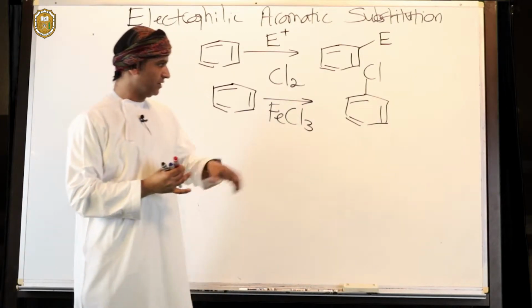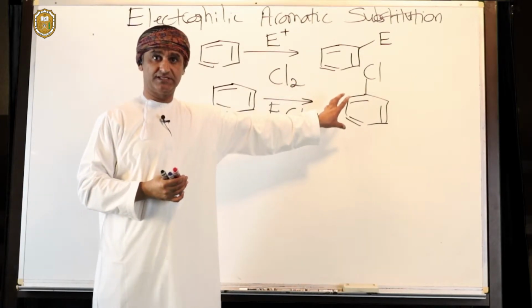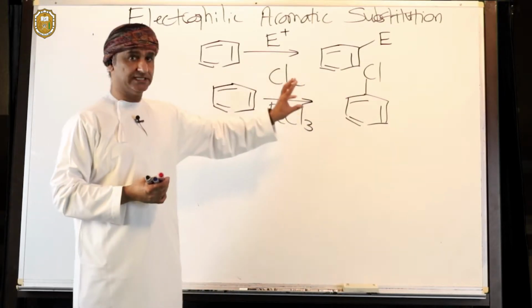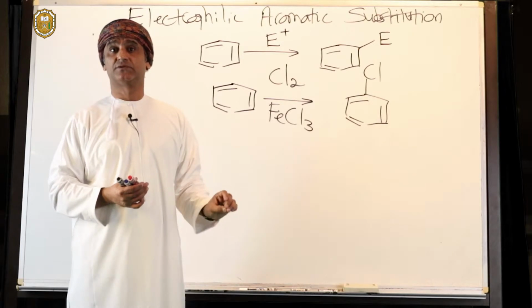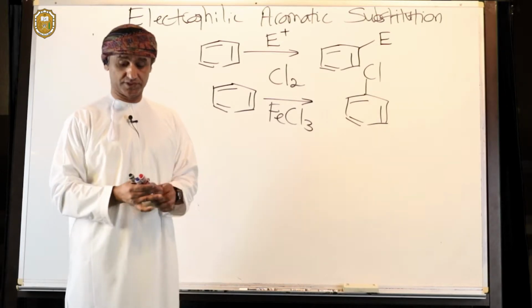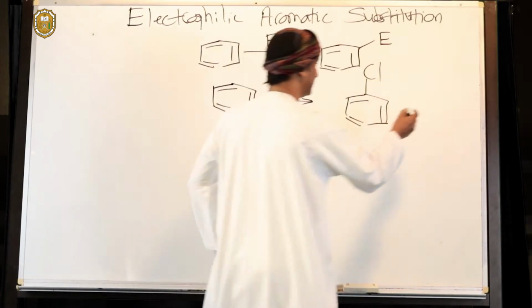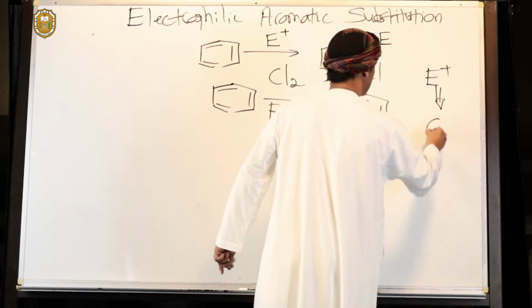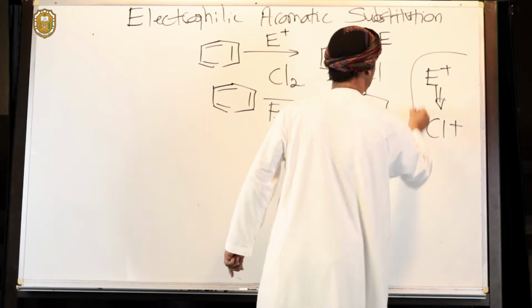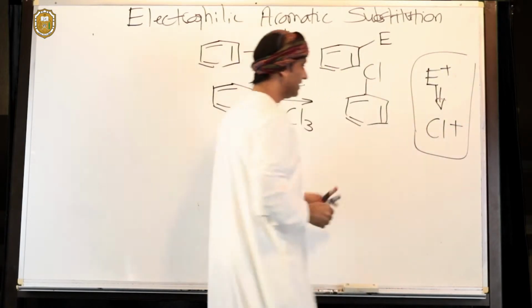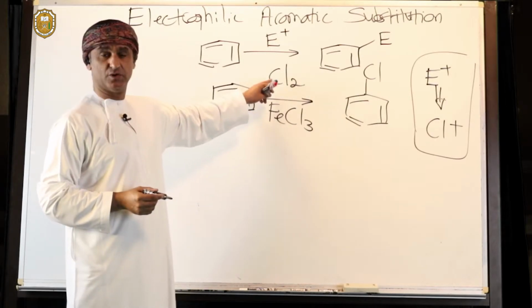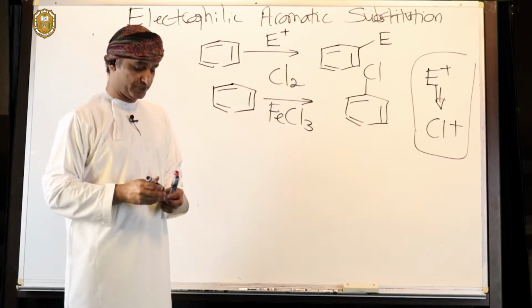Now if you look at the product, the electrophilic aromatic substitution product, and the reactant, which is benzene, you can easily identify the electrophile that's required, and that's of course Cl+. So that's the key electrophile that's required, which is Cl+.